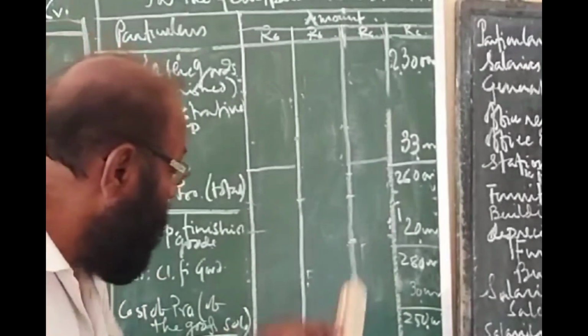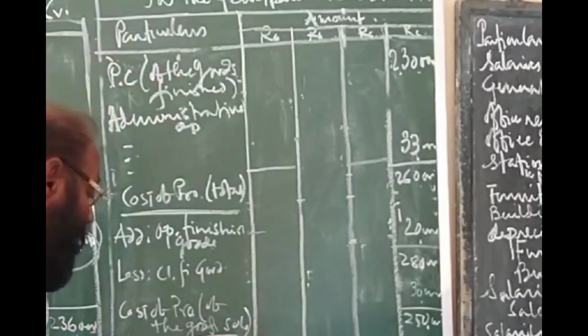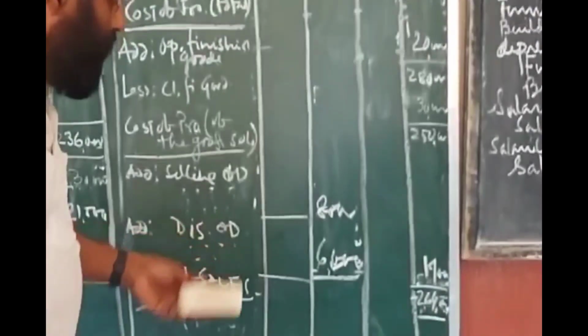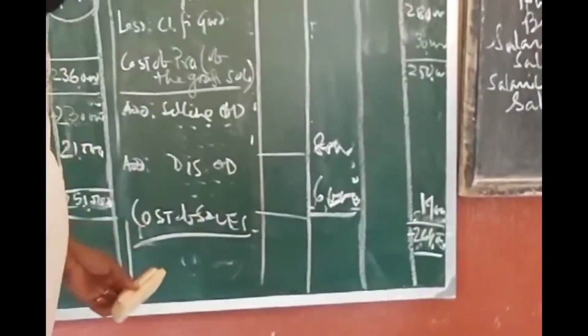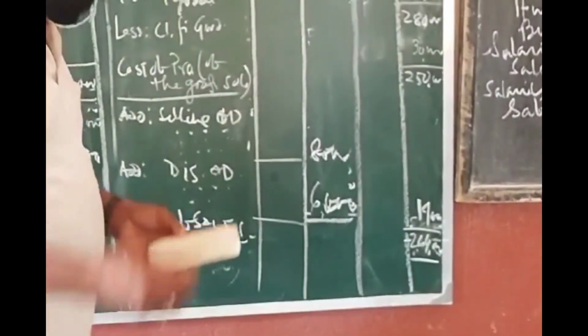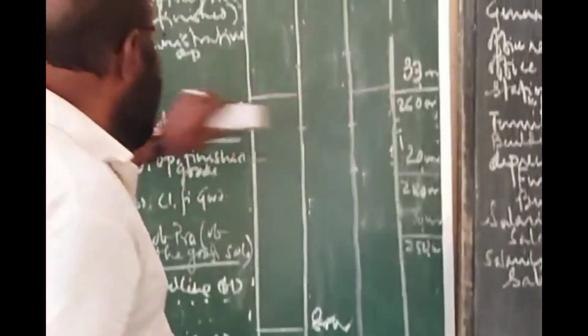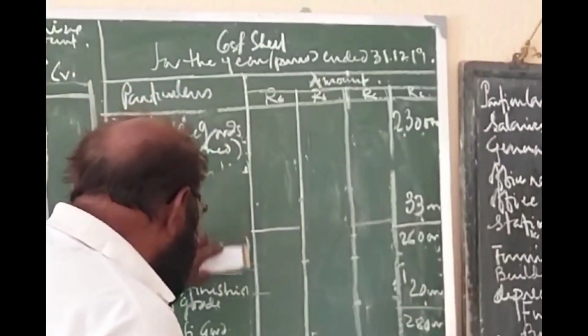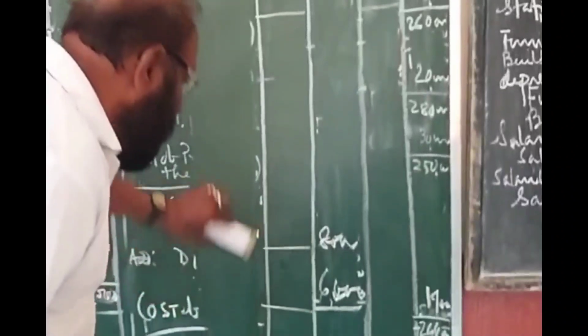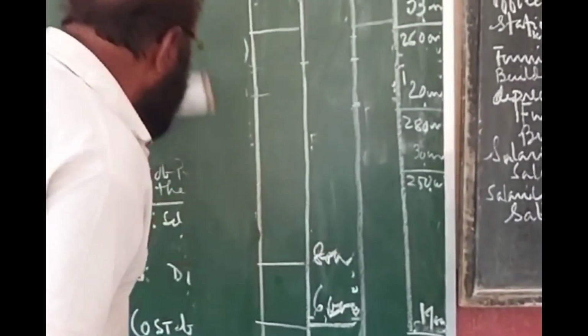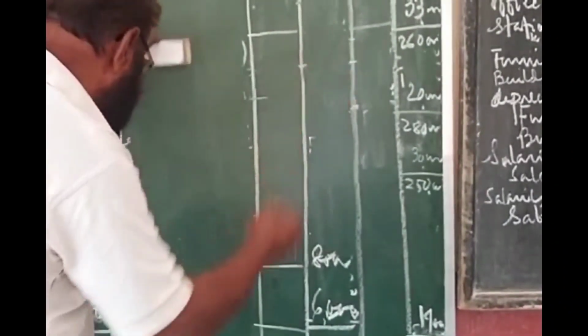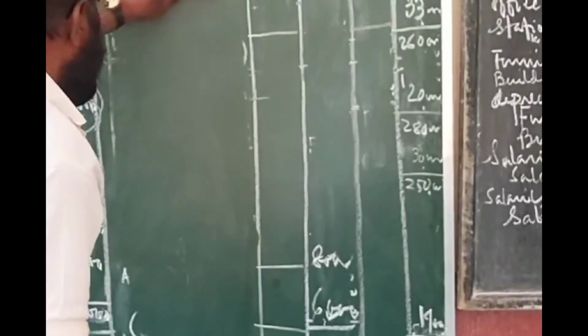To that amount we add selling overhead and distribution overhead, and thereby we get the cost of sales. Clear? Today my task is to complete this part with the help of the numerical information given on the board.